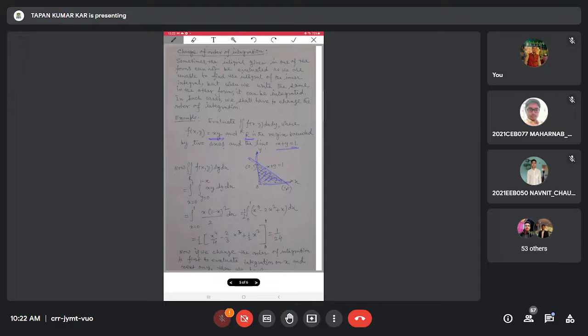But for change of order of integration, you have to draw the region of integration. Otherwise, it is very difficult to change the order of integration. Here one example is given, but this is not the example of the change of order of integration.